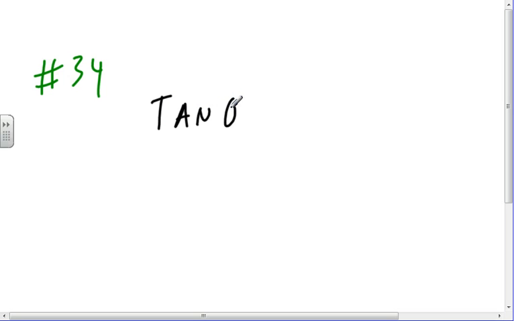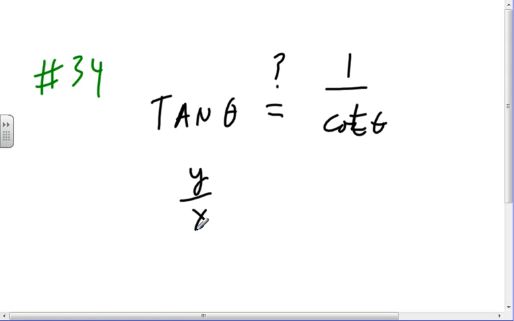Let's see, tangent theta, I'm supposed to show that that's the same as 1 over cotangent theta. Okay, so tangent is y over x, and cotangent would be x over y.